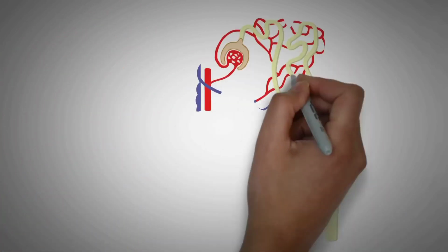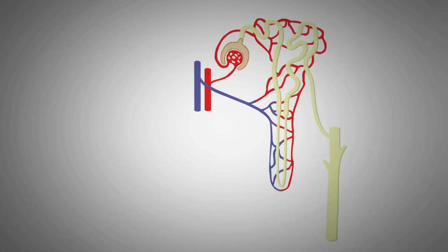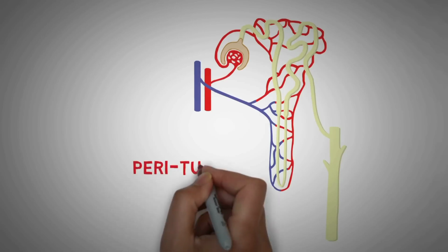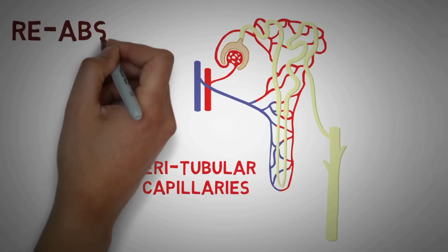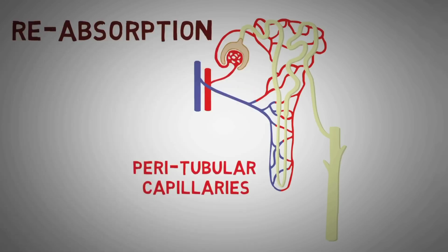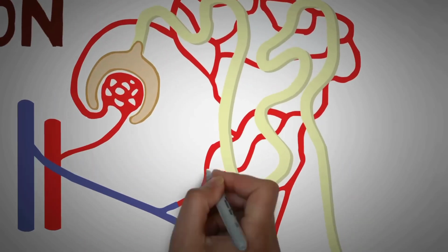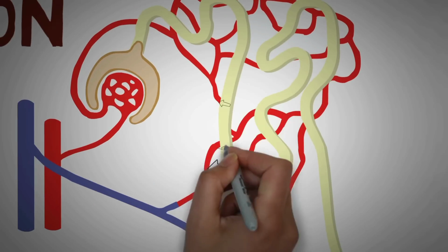The whole length of the renal tubule is surrounded with blood vessels which are known as the peritubular capillaries. Whatever gets reabsorbed is then passed back into the blood circulation. Now this is known as reabsorption and not absorption because the same nutrients have been absorbed once from your gut into your blood by a similar mechanism.